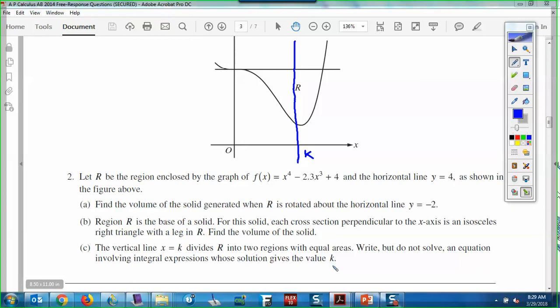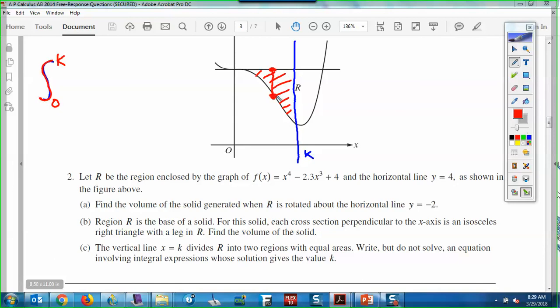It had a c in it. You may remember. So these have to be equal areas. Their integrals have to be equal. So that means the integral from where to where? That'd be this area, the area from 0 to k. And then it'd be what? Well, it'd be top minus bottom.